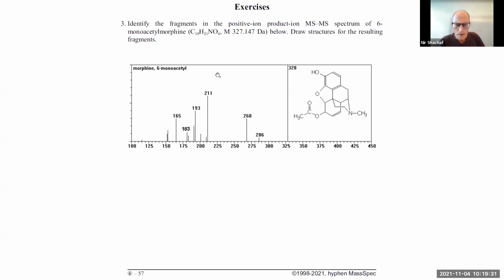So here in this structure, what I noticed on the spectra is that fragments 286 and 268 actually correspond with the nitrogen rule. And that means that the nitrogen should still be there on the structure, whereas all the other ones are uneven.